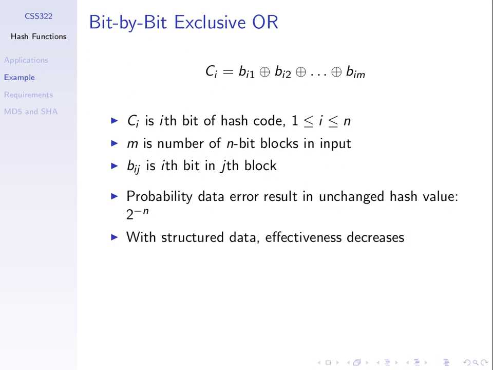Three-bit blocks. Have I missed something? We have 4 blocks. Just for this example, let's say we have some message we want to calculate the hash of. We have 3-bit blocks, n equals 3. Therefore, we have a 12-bit message and therefore 4 blocks.